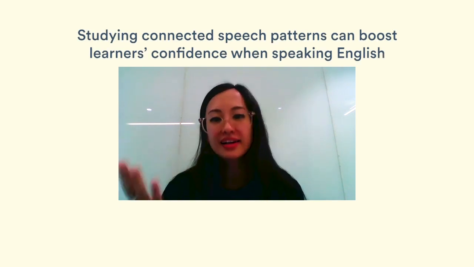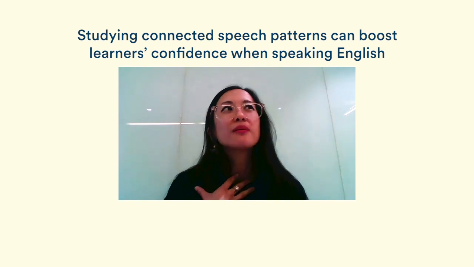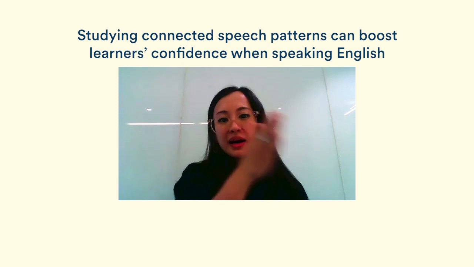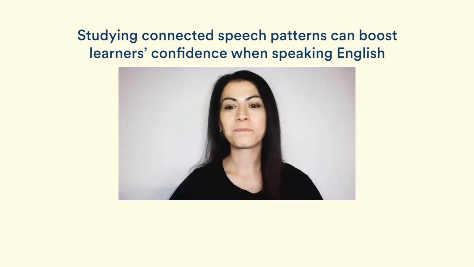Right. And I also like to, even for beginner students, start to focus a little bit on connected speech without going too much into detail about it. I do still focus on it because I feel like they should get it from the beginning. They should be able to speak more naturally. I don't know if you're aware of this, but certain Chinese people speak in a quite staccato manner, and it's very robotic.